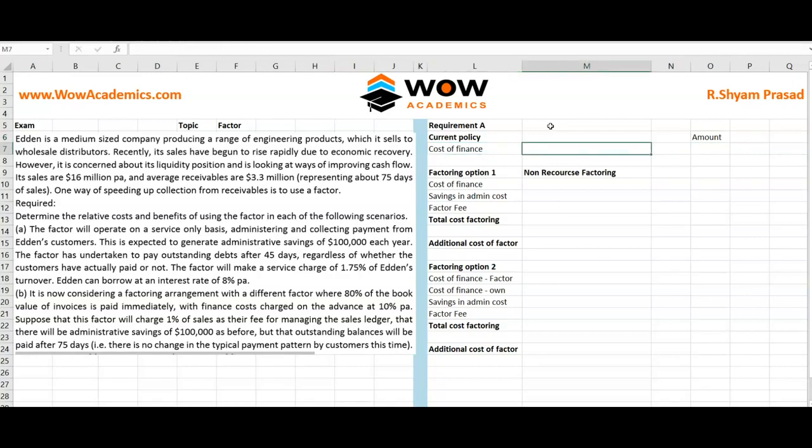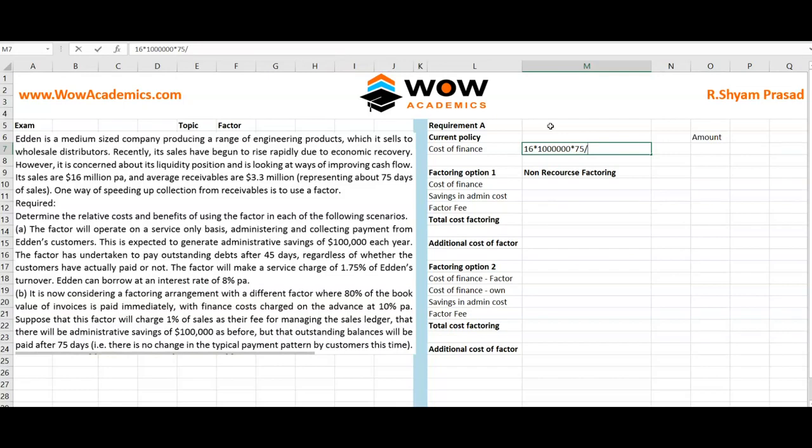So we'll start from the cost of finance. The cost of finance works like this. We have 16 million. This is going to be with the company for 75 days as receivables. The total number of days in a year is not given, so we can assume it to be 365.